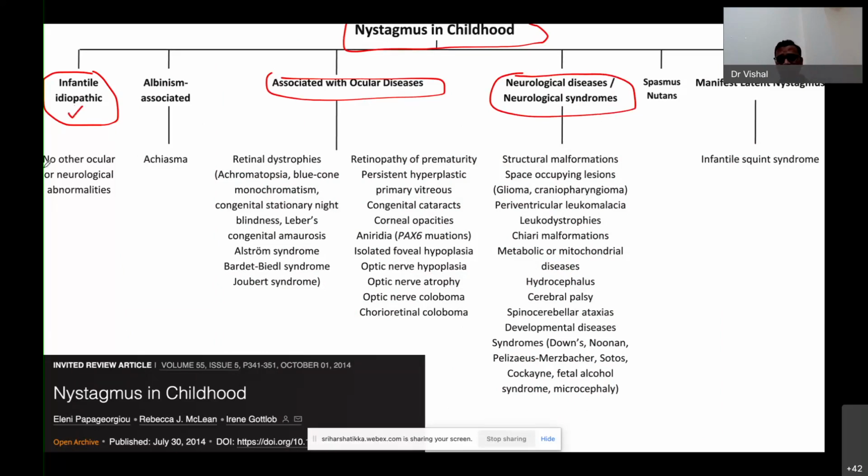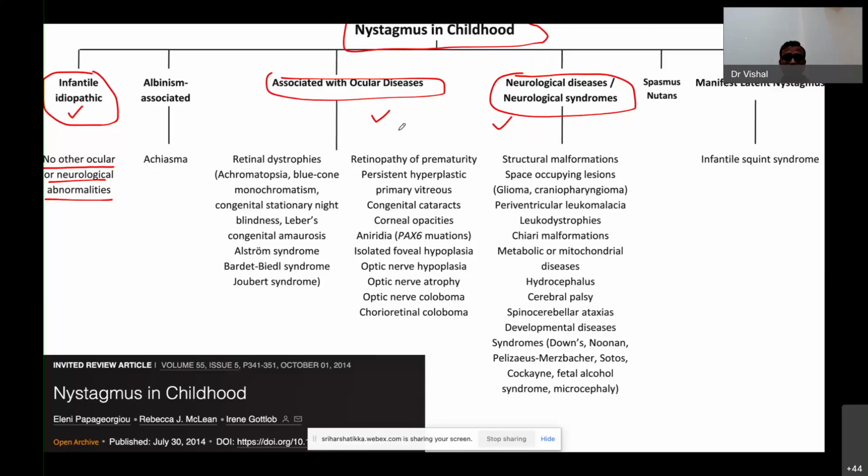They don't have any other neurologic or ocular abnormalities, and they come with isolated eye movement abnormality, isolated nystagmus most of the times. In the adulthood, they will come like this, but in the childhood, it's very important that the pediatric neurologist or pediatric neuro-ophthalmologist or the pediatricians or the ophthalmologist evaluate the patient for various neurological diseases, neurological syndromes, ocular diseases, because they can have associated variety of these disorders.